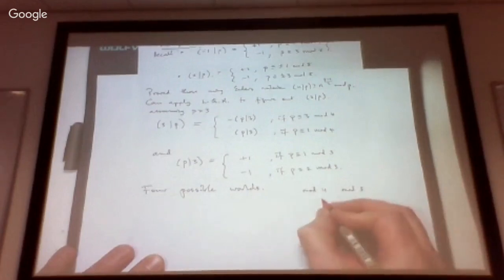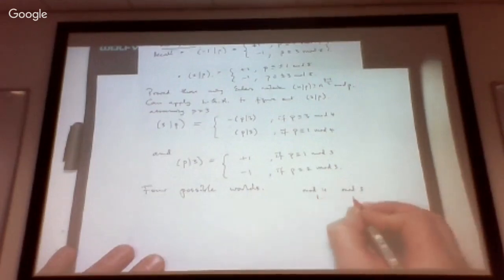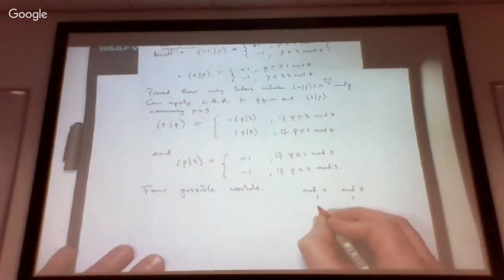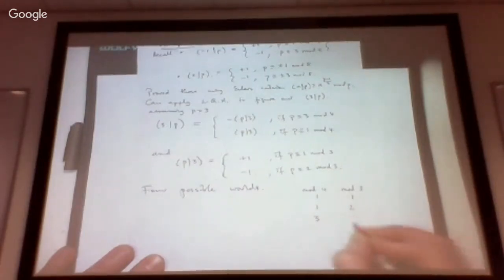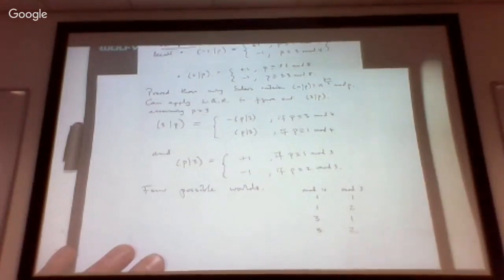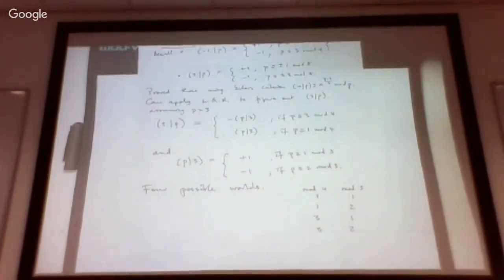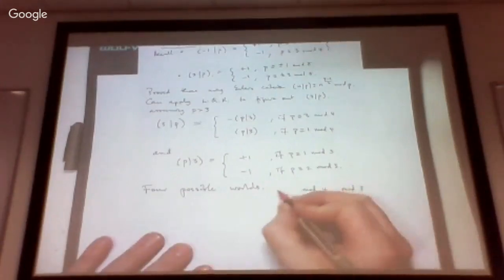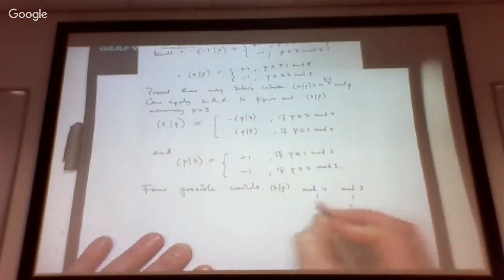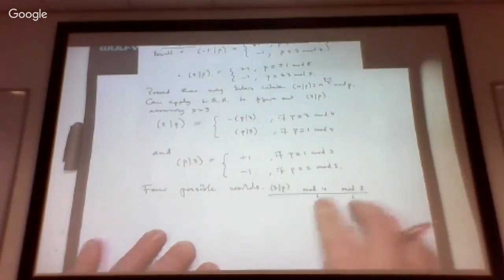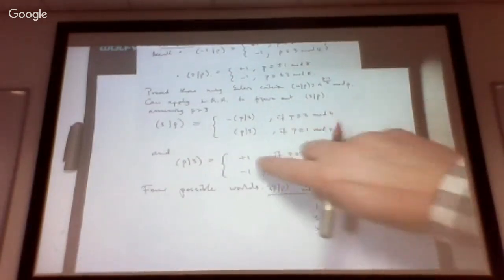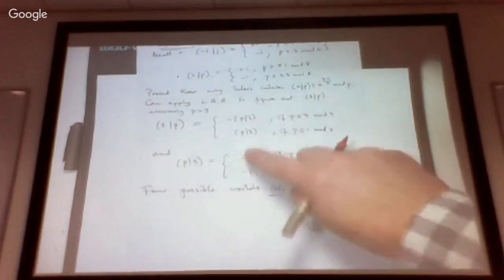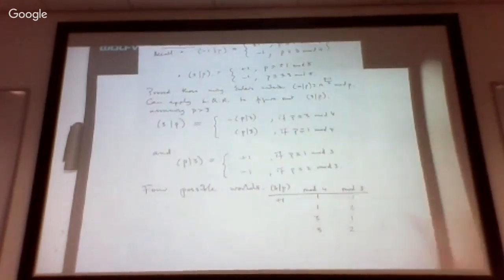And this is all p, so you're either 1 mod 4 and 1 mod 3, 1 mod 4 and 2 mod 3, 3 mod 4 and 1 mod 3, or 3 mod 4 and 2 mod 3. We can say what the Legendre symbol is in each case. If they're both 1, then it's plus (p/3), and (p/3) is plus 1, so that's plus 1.